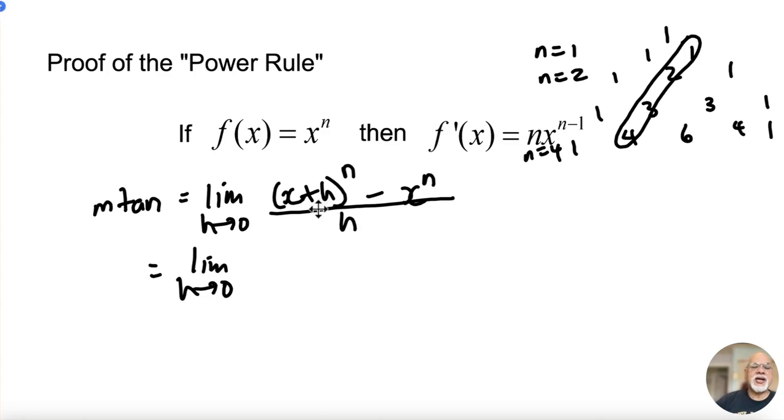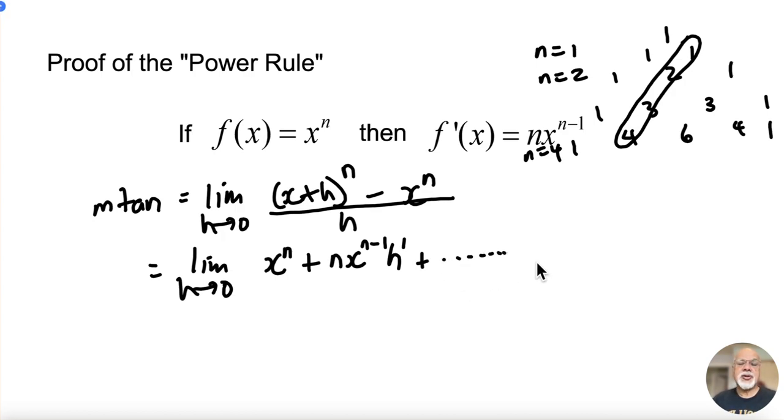When we expand x plus h to the n, the first term is going to be x to the n. And then the next term, as I just pointed out in Pascal's triangle, the next coefficient is whatever the n is. So n, and then the exponent of x is reduced by 1, and the exponent of h is increased by 1. So that would be h to the 1, plus, and so on and so forth.